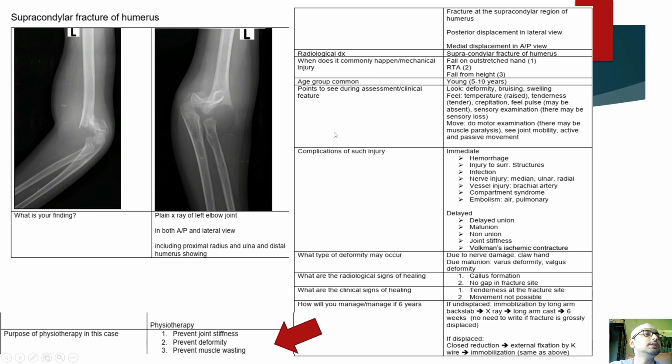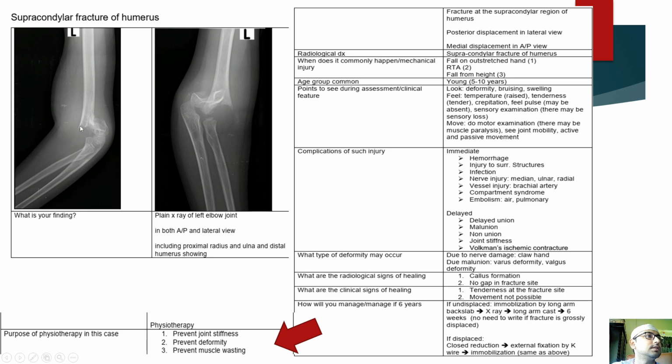So what you will see here is deformity, bruising, and swelling, because here is the brachial artery and the median nerve. Sometimes these structures may be injured after the fracture. So check sensations, deformity, bruising, swelling.